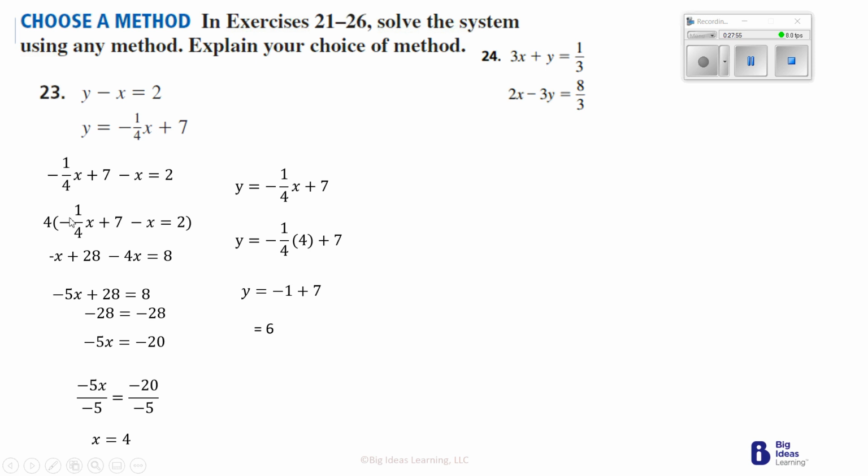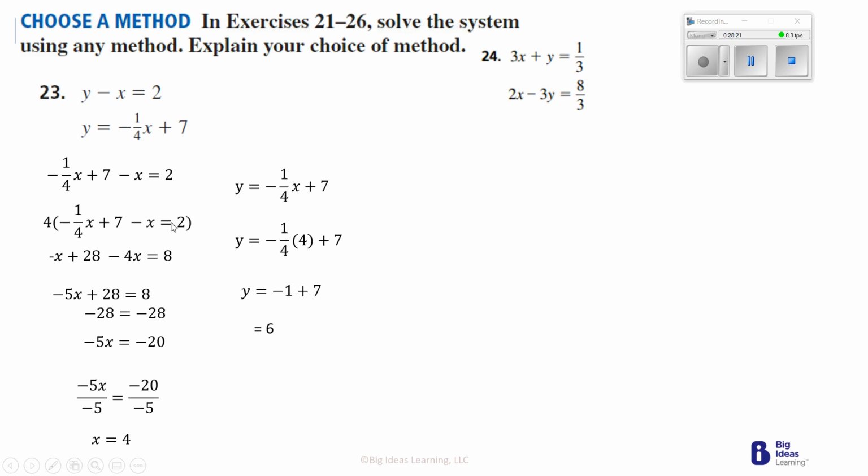Now, by the looks of it, they're going to multiply everything by 4, and that's going to change these numbers a lot. 4 times negative 1/4 is going to give us negative x. 4 times 7 will give us 28. 4 times negative x will give us negative 4x.